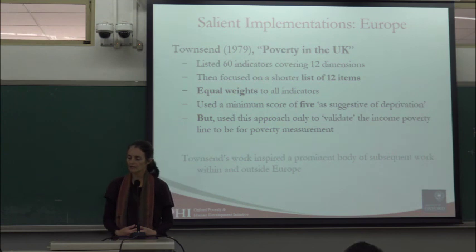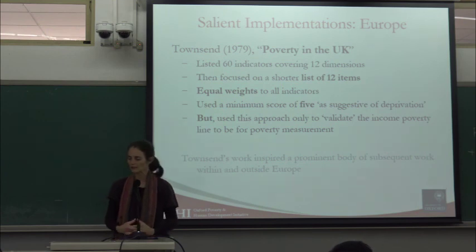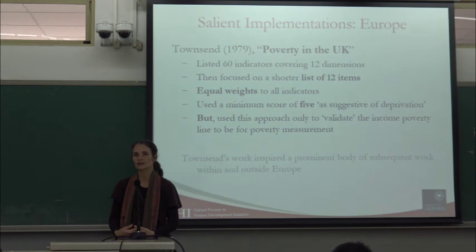And he began with a survey listing 60 indicators in 12 dimensions that might be related to UK poverty, and then boiled it down to 12 items, equally weighted, and said that people who experienced at least 5 of these deprivations were probably deprived.